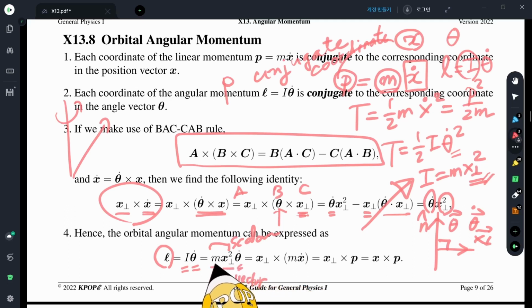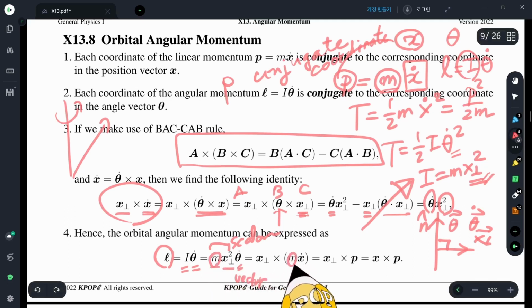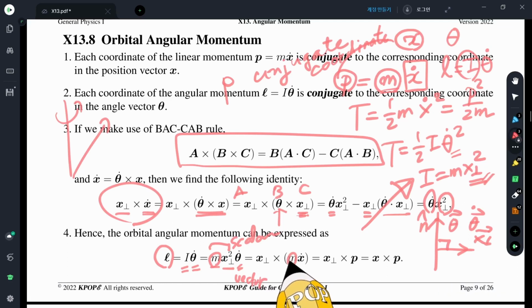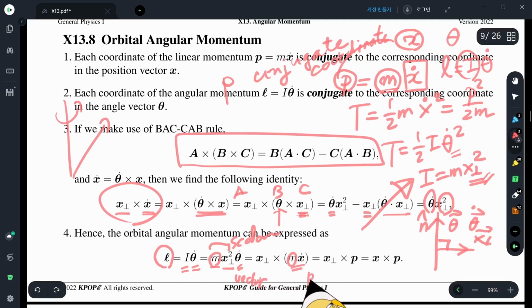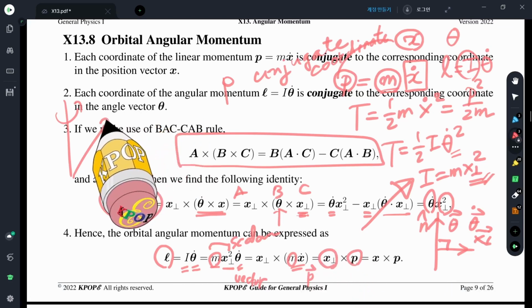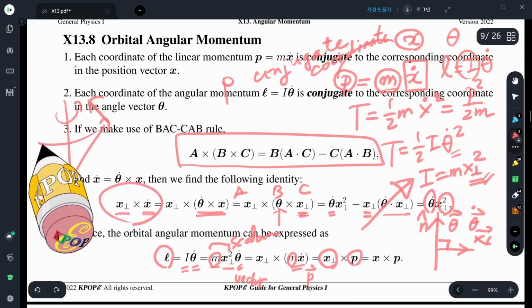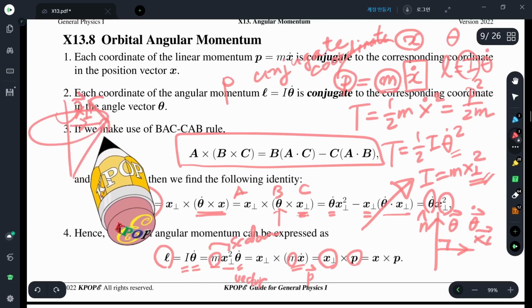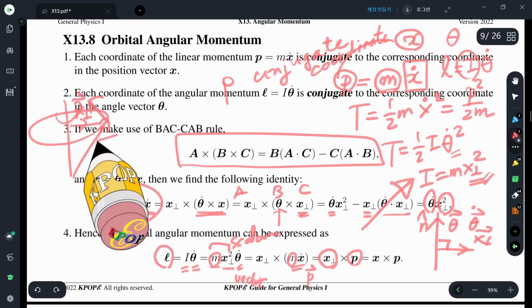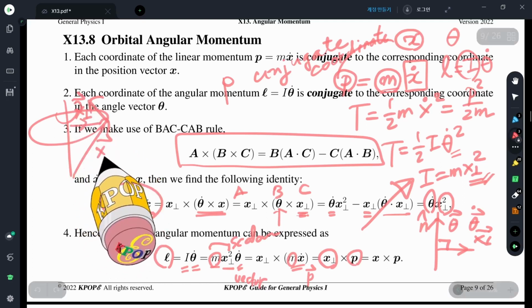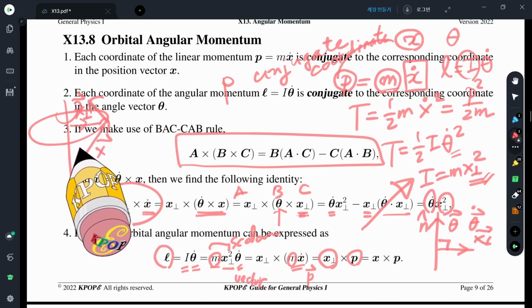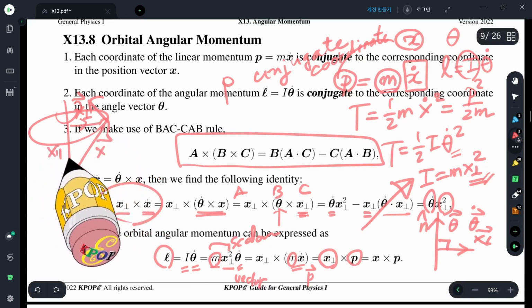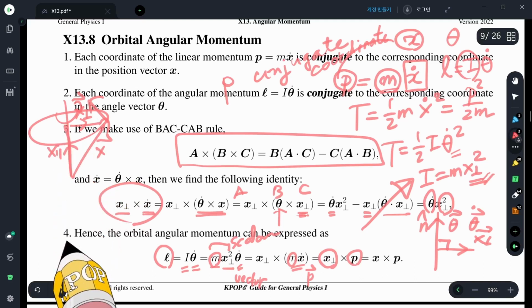And m is multiplied to the x dot as a product. So this is a linear momentum: the lever arm vector cross product with the linear momentum, which is in a tangential direction. And that is the same if we replace this one with x, because x parallel does not contribute to the rotation.